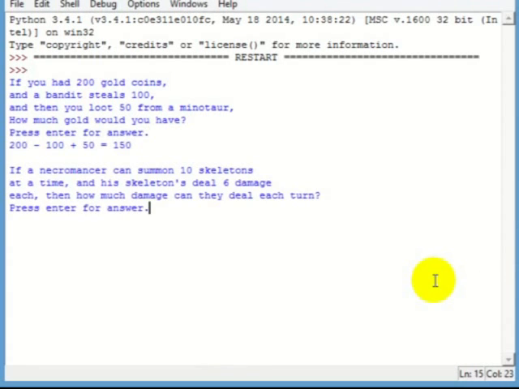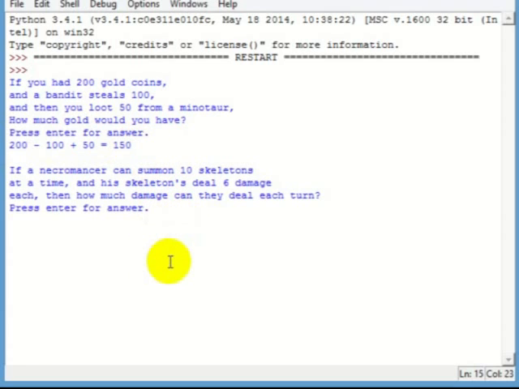Press enter to see. And as I told you, here's the string I told you I was going to print out, and then here's the simplified answer, or the evaluation of the expression. See, this isn't actually an expression because it's inside a string, so it does not get evaluated, it just gets written out, and we just put that so that the user knows how we got the answer.